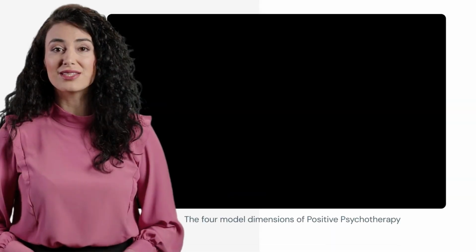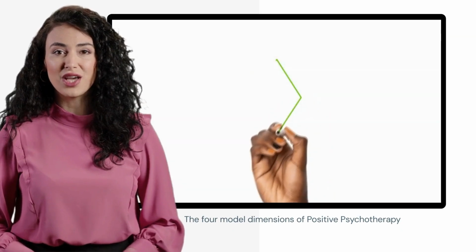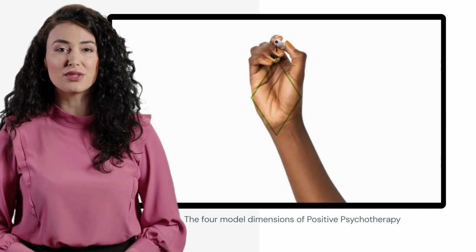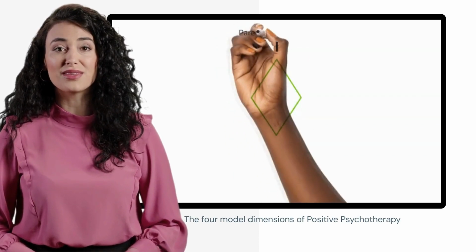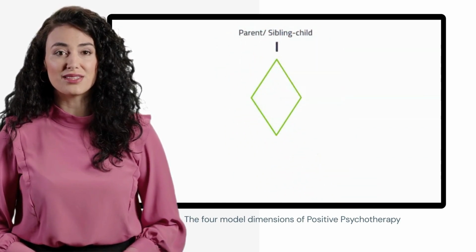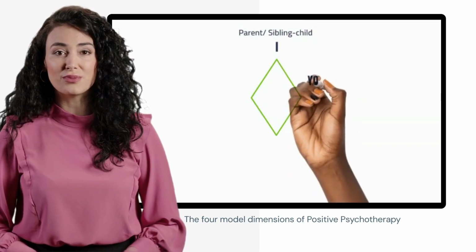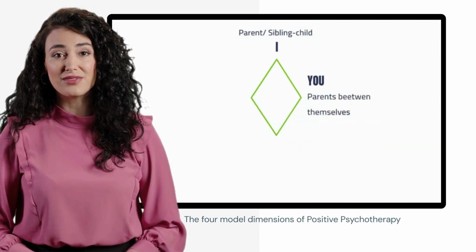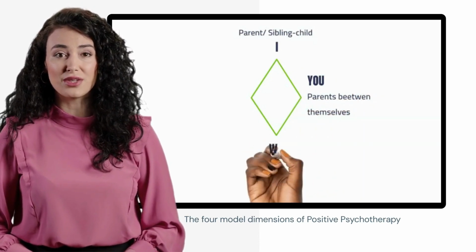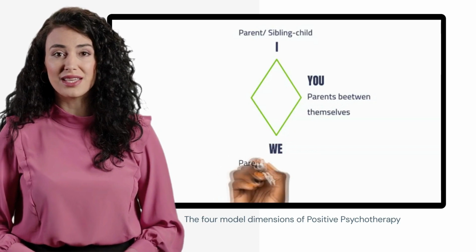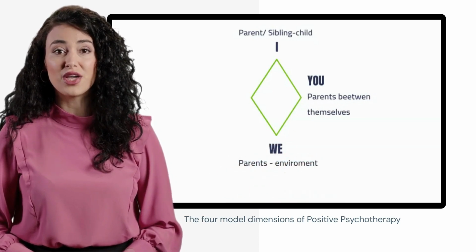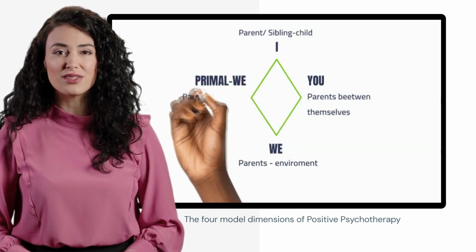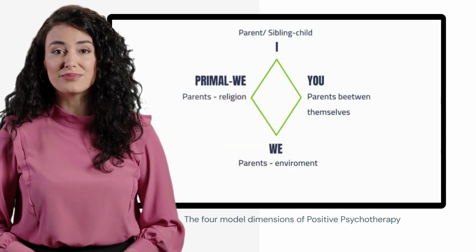The four modeling dimensions widen the analytic self and object theories of Kohut and Kernberg in such a way that there is not only the object and subject, the I dimension. In positive psychotherapy there are also the parents' partnership in the U dimension, a we dimension such as the experience of the parents with others, and the primary we, which is unique in PPT, describing the relations of the primary important persons such as the parents and grandparents with their life philosophy and religious backgrounds.